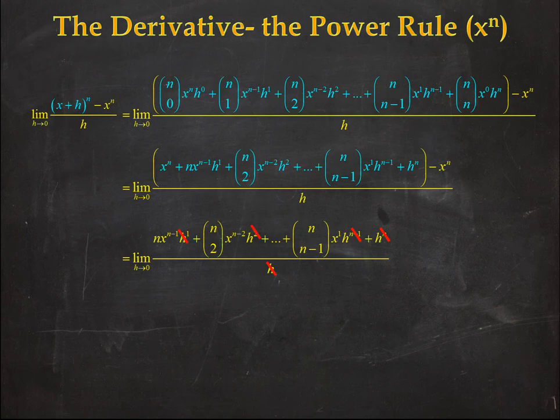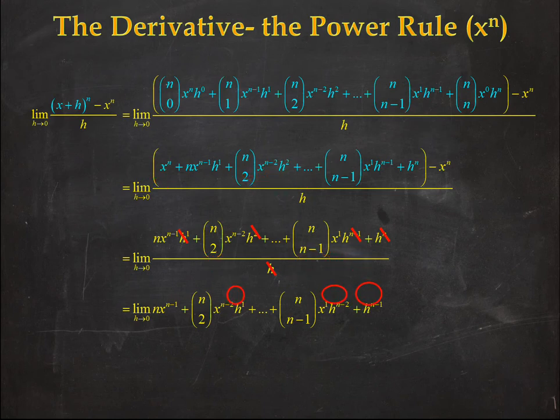And when I do that, my expression simplifies a bit more. Now it's still quite complicated, but I'm not worried about this because I'm trying to determine the limit as h goes to 0. And if you notice very carefully, every term has an h except the first term. So when h goes to 0 and I multiply it by 0, those terms disappear, and all I end up with is the first term.